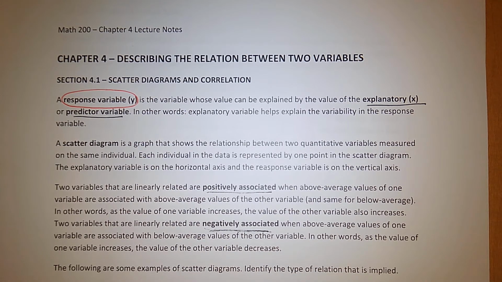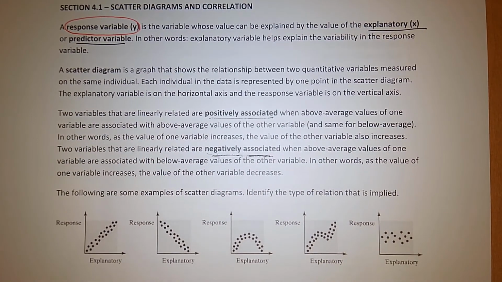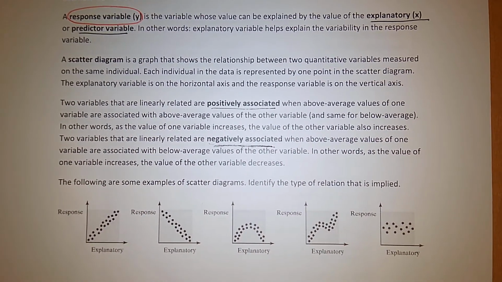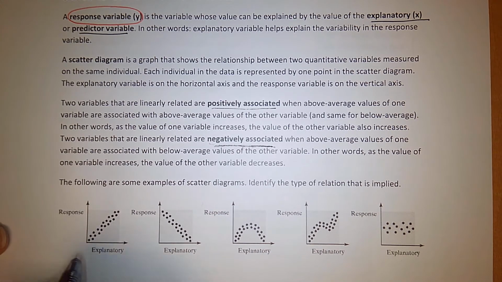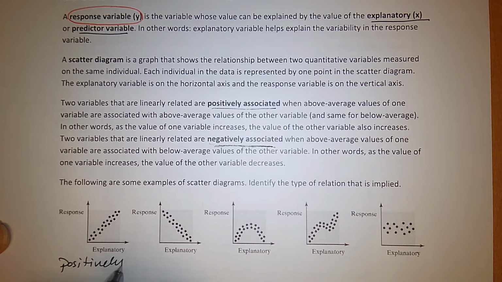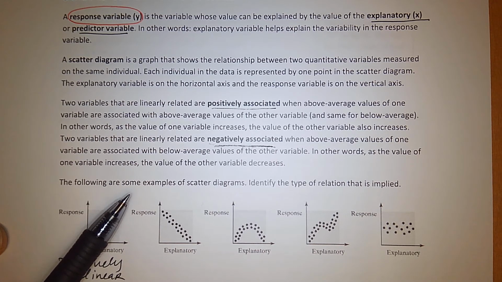So let's look at some examples of what we just discussed. Here we've got a few different relationships. In the first relationship, we have what is called positively linear. First of all, we say the word linear because they are related in a line format, a straight line.